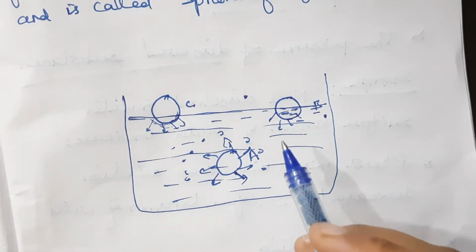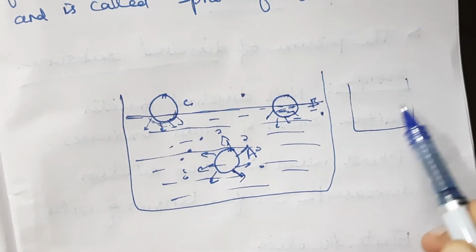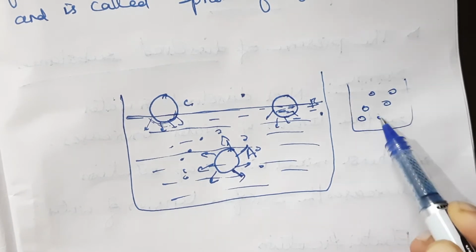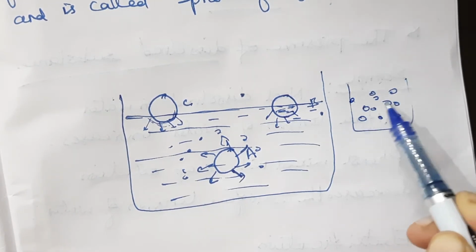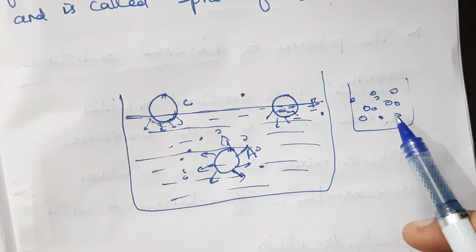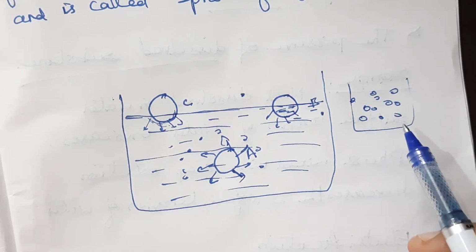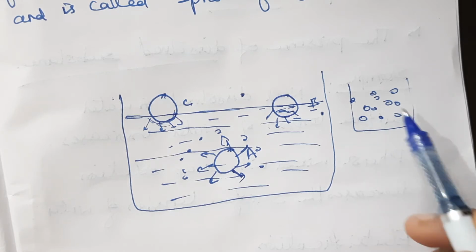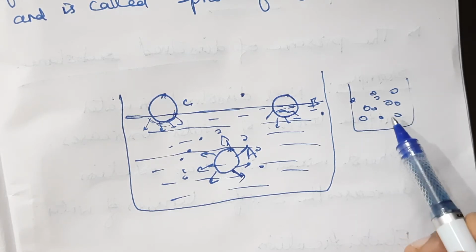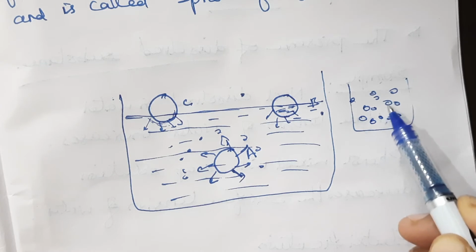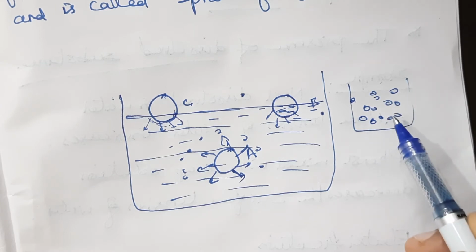So listen, in this container, liquid means the molecules have little space, not like a solid, isn't it? Solid is rigidly fixed, but in a liquid the molecules are not rigidly fixed. So all the molecules experience a net downward force.